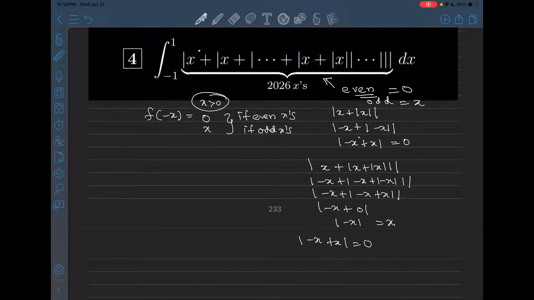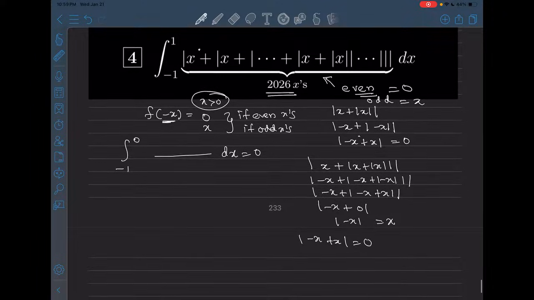So now, what do we learn from that? Basically, because there are an even number of them, the integral from -1 to 0 of this whole thing should just be 0, because for these negative numbers, I just showed that this function is 0.